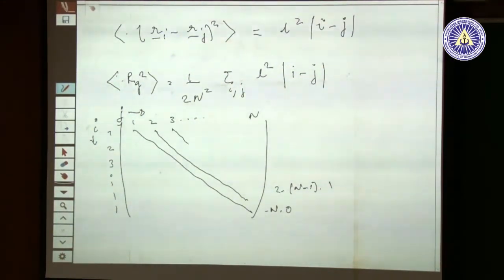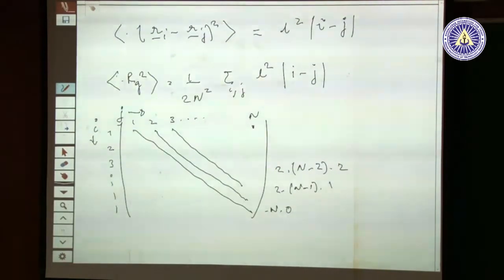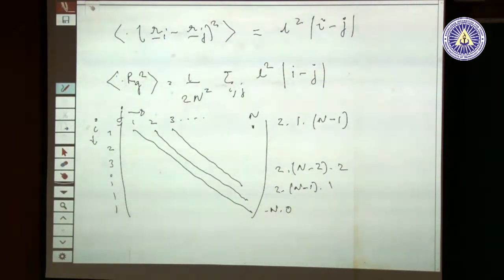And then if I do it for the next one, there would be 2 such things, there will be n minus 2 of them and the value is 2. If I take the last one up there, how many of those are there? There is only one of those, and the value is n minus 1.